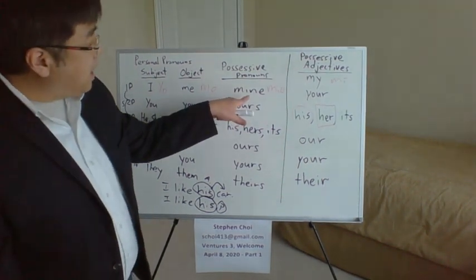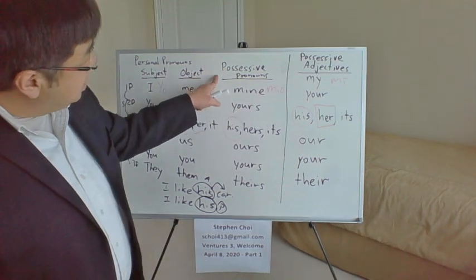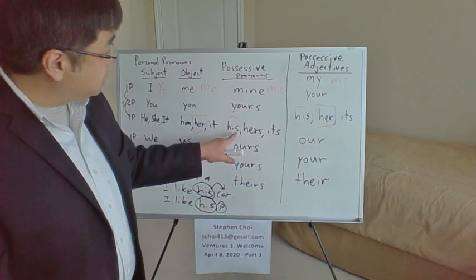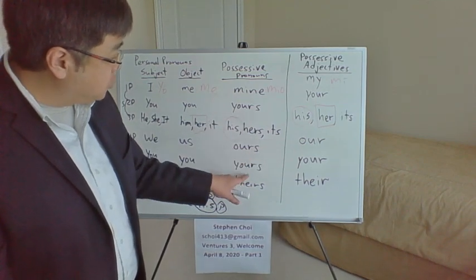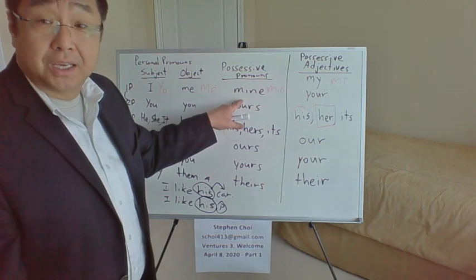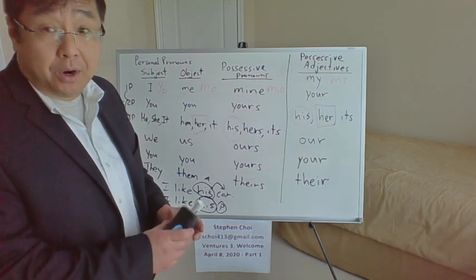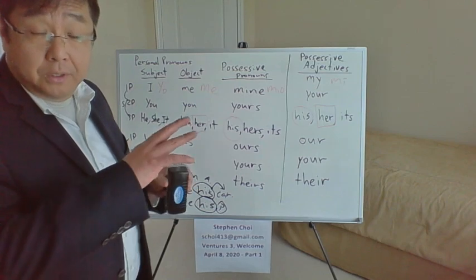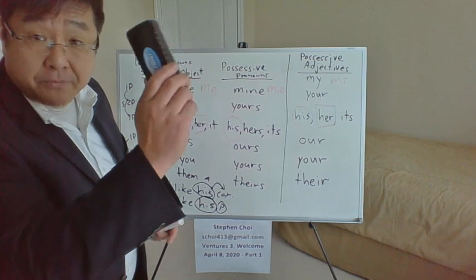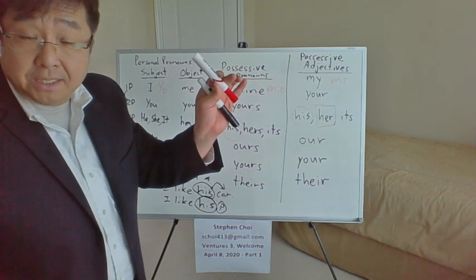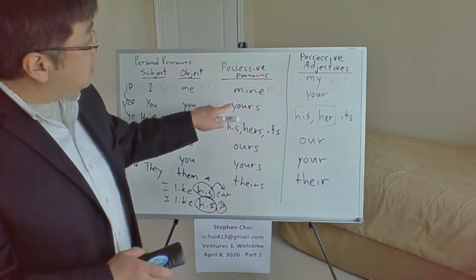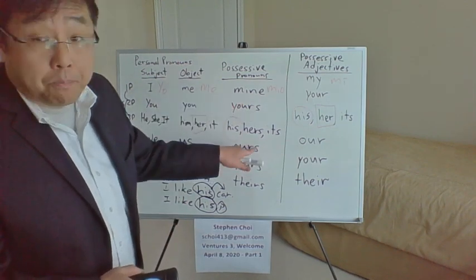And one more comment about mine. Remember, the possessive pronouns all have S's at the end: yours, his, hers, its, ours, yours, theirs. All have S except for the first person singular. It says mine. Remember, when we make nouns possessive, we put apostrophe S, like Stephen's eraser, Stephen's pens. Stephen apostrophe S makes it possession. Well, in the possessive pronouns, you don't put apostrophes.